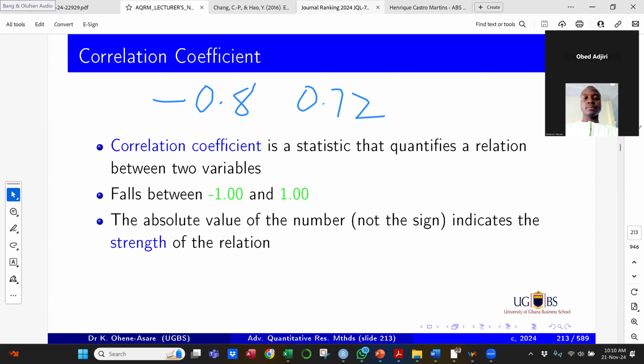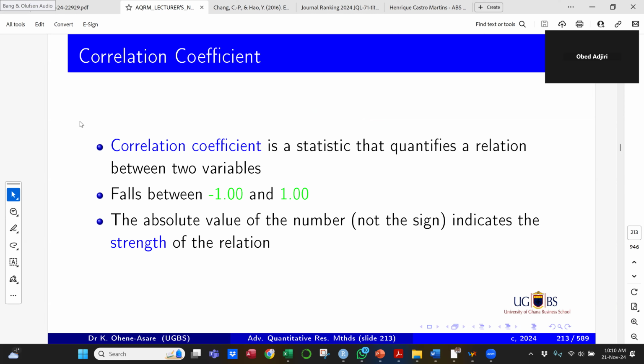So 0.8 is closer to 1 than 0.72. Very good. So guys, understand these things because they will appear. Multiple of these will appear. Okay, I'm going slower for a reason. So that is how you can understand the strength of correlation.